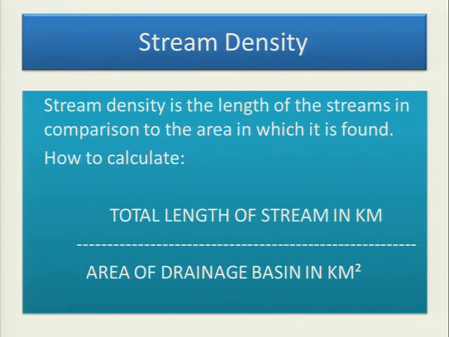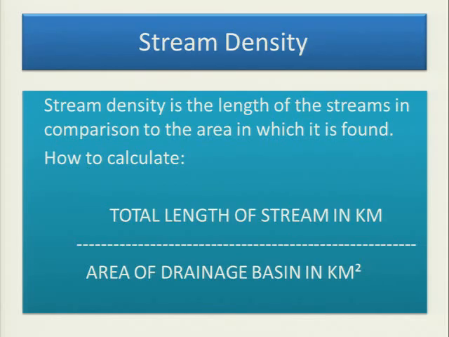Okay, now in all my years, and I've been a geography teacher for 16 years now, they have never asked in any question paper the question on calculating the stream density. They will ask you how to calculate it, and that is the total length of the stream in kilometer divided by the area of the drainage basin.